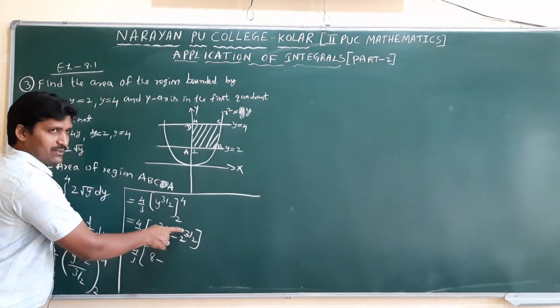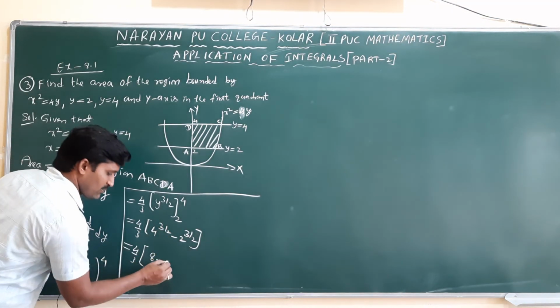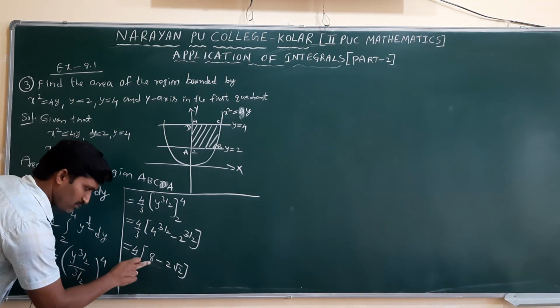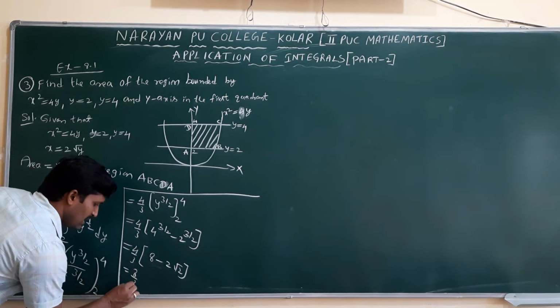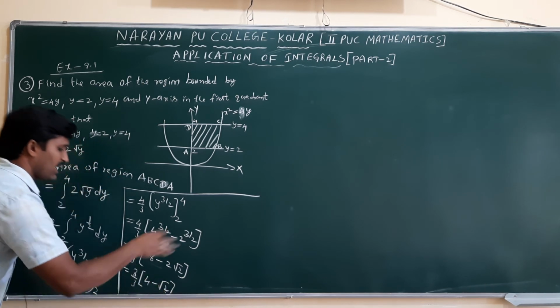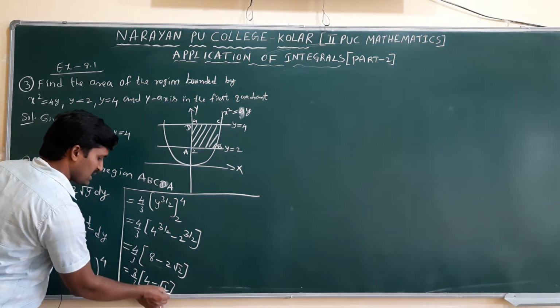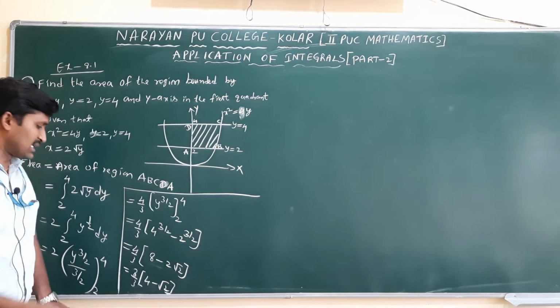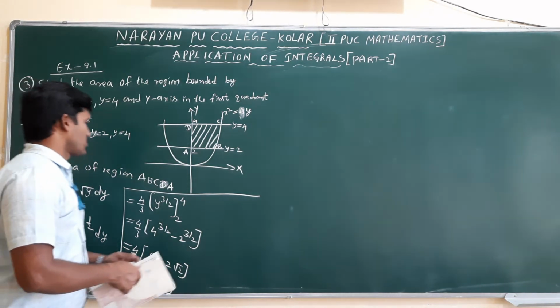Root 8, square root, means 2 root 2. You can take 2 also common from this. If you take 2 common, what will you get here? 8 by 3 into 4 minus root 2. Or you can multiply 4 by 3 only inside, you will get 32 by 3 minus 8 root 2 by 3. That is the final answer for this question.